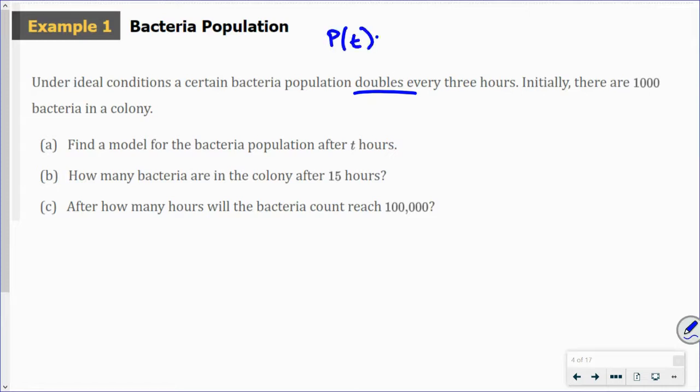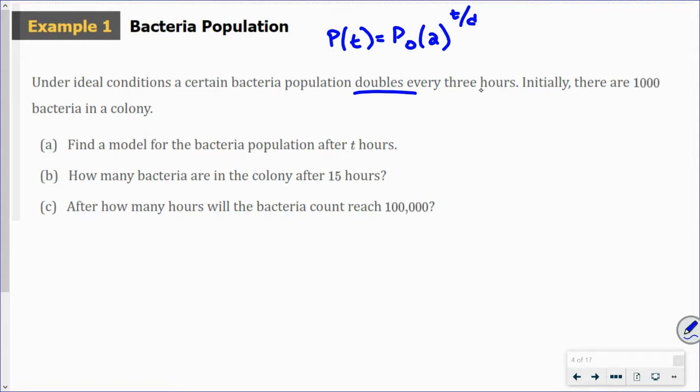So that means I'm going to use this one, P naught, 2 to the T over D, not e. Okay, I'm going to use this to kind of set something up. So find a model for the bacteria after T hours.